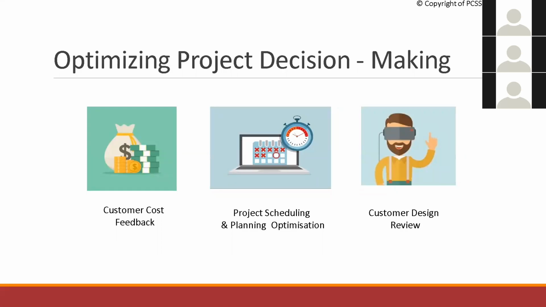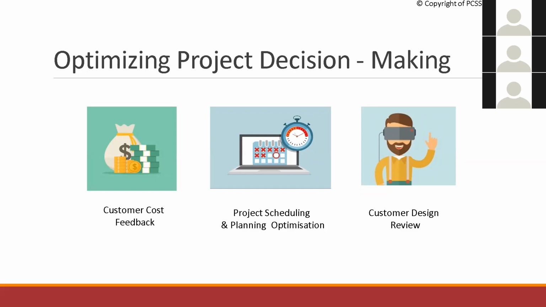Similarly the site engineer or the supervisor. For the planner to come up with the schedule, they have to ask for opinions from them. This might lengthen the process of project scheduling and planning optimization.